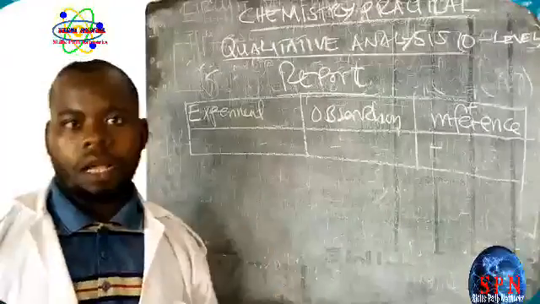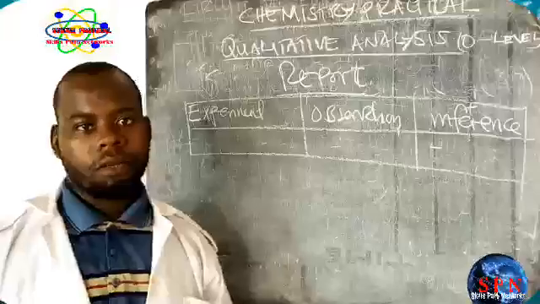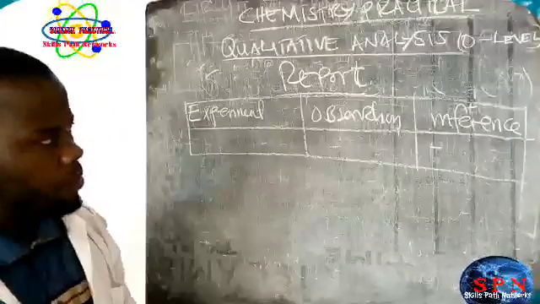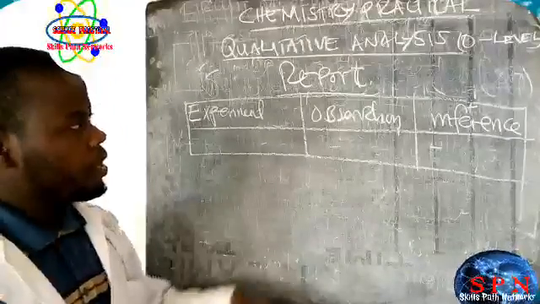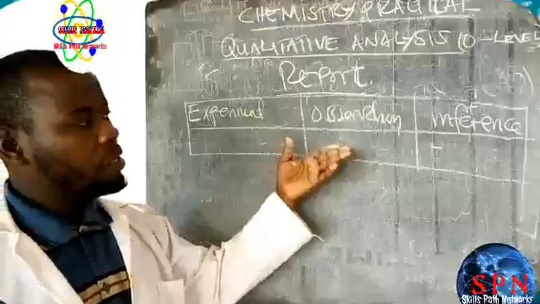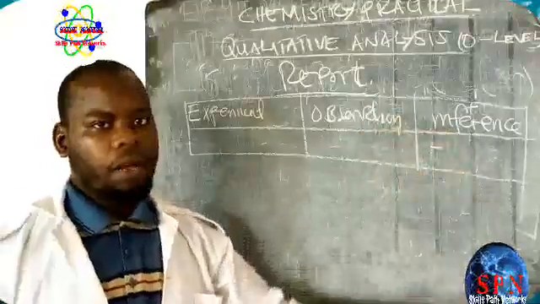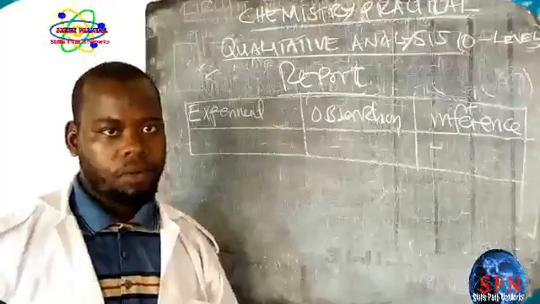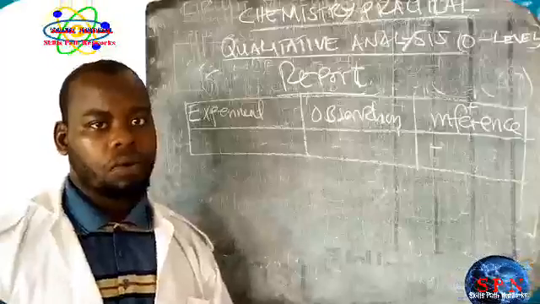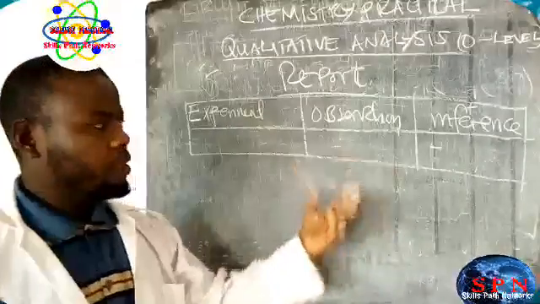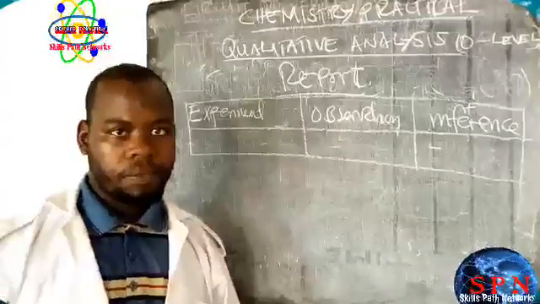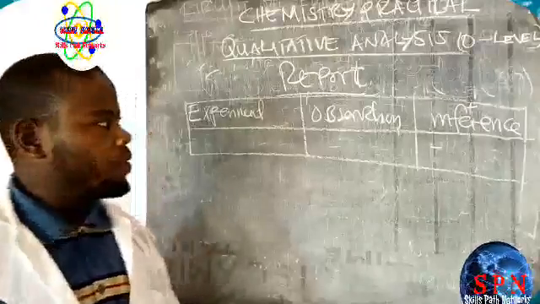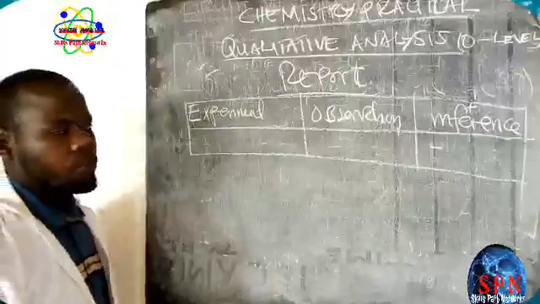What do you observe after making the mixture of that compound and the reagents? Then after observation, what do you infer from the observation? What is your conclusion after seeing the observation? So that is how you're going to record.